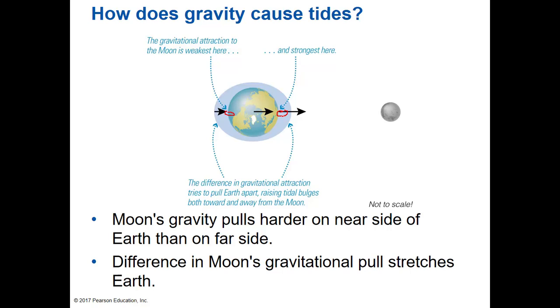It is stronger here and weaker at this point. This difference in attraction creates a stretching force that we call the tidal force. That tidal force stretches the entire Earth to create two tidal bulges, one facing the Moon and one opposite to the Moon.